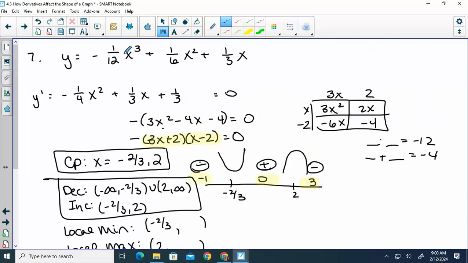So if you go back to the very original equation, you guys can help me out here. Negative 10/81.